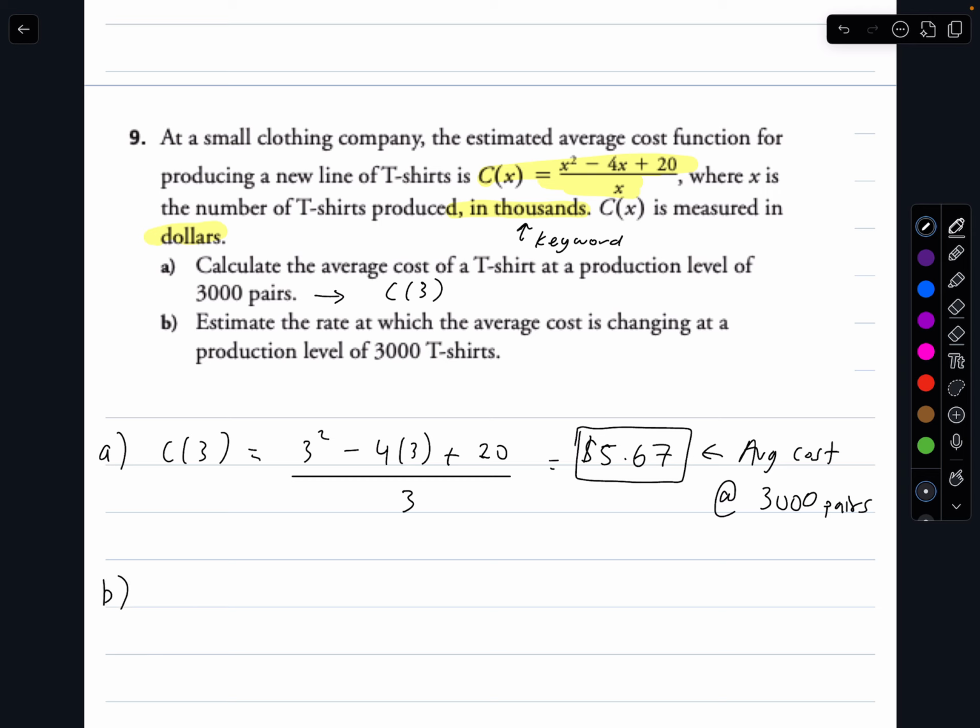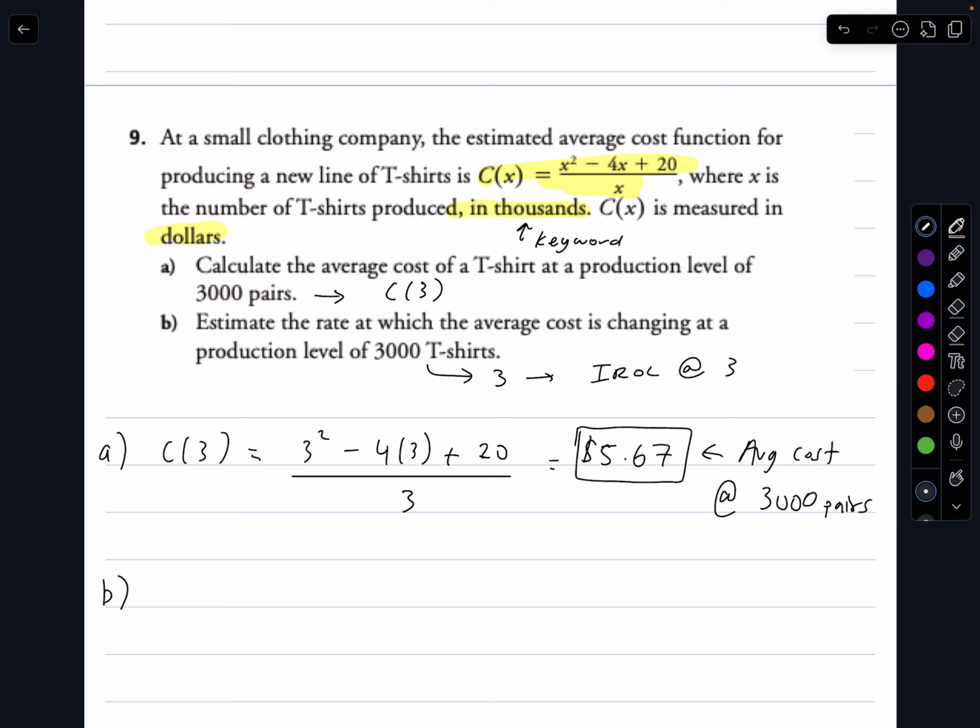Estimate the rate of change, the rate at which the average cost is changing at a production level of 3,000. So what this is basically trying to say is, okay, 3,000 t-shirts is at 3, right? But it's basically saying we want the IROC at 3. And the reason we want the IROC at 3 is because it only gives us 1 point.